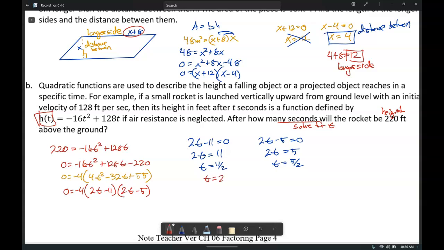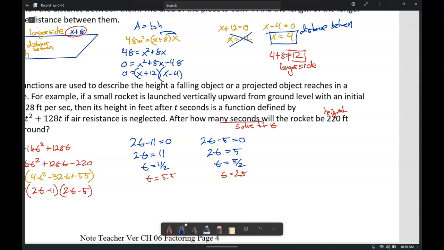So we have time of 2.5, time of 5.5, which means the rocket's going up, then back down. It reaches the height of 220 feet at 2 points in time, 2.5 seconds, as well as 5.5 seconds on the way back down.